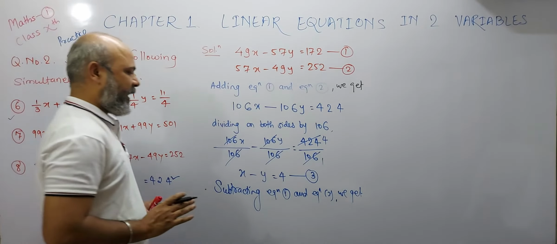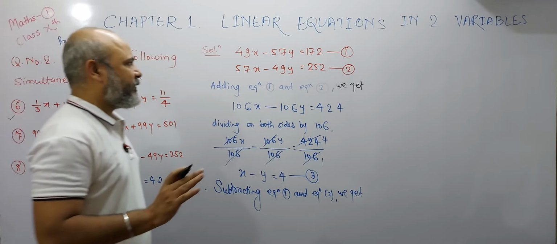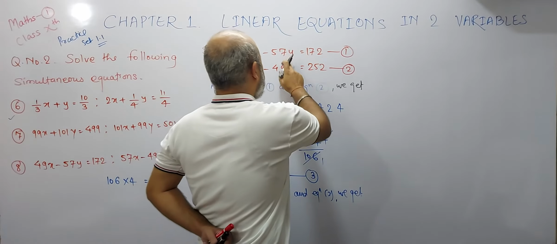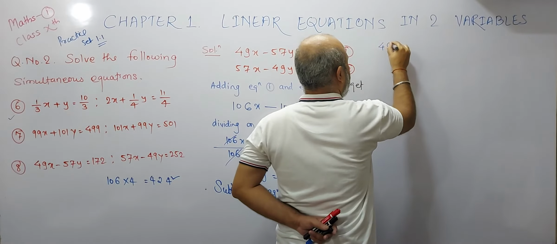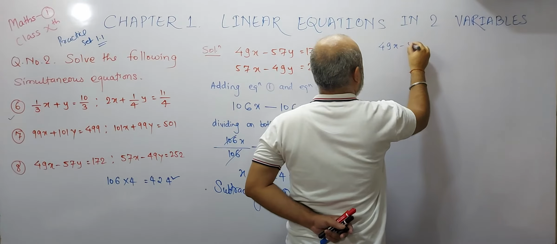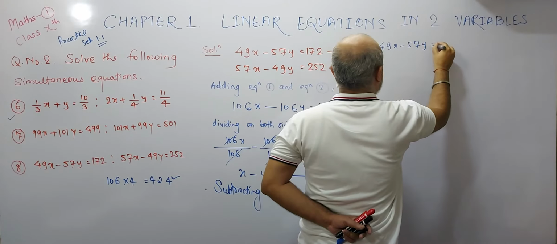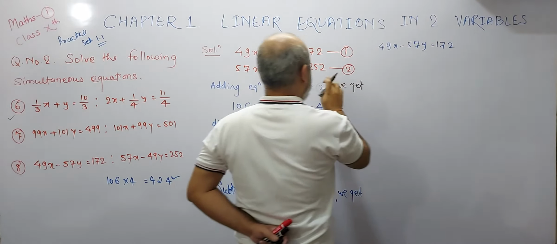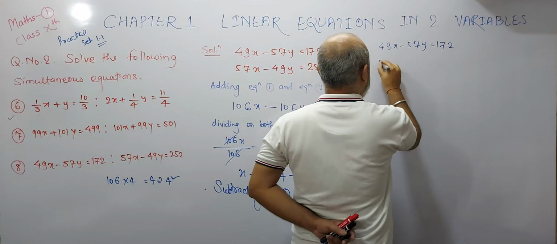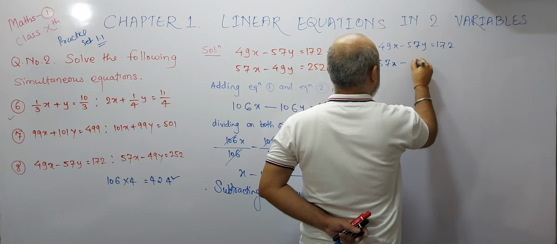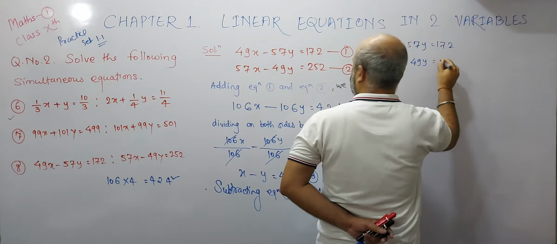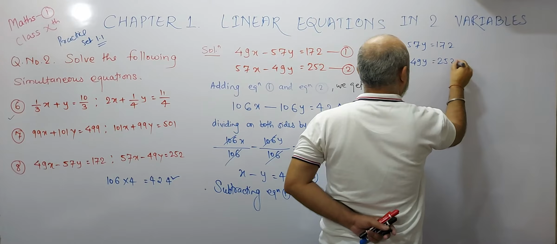Now we are going to subtract equation 1 and equation 2. So what is equation 1? I will write here 49x minus 57y is equal to 172, and equation number 2 is 57x minus 49y is equal to 252.